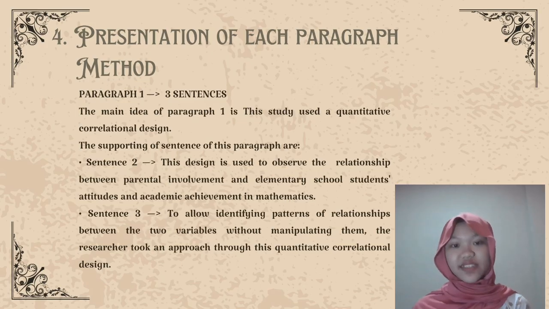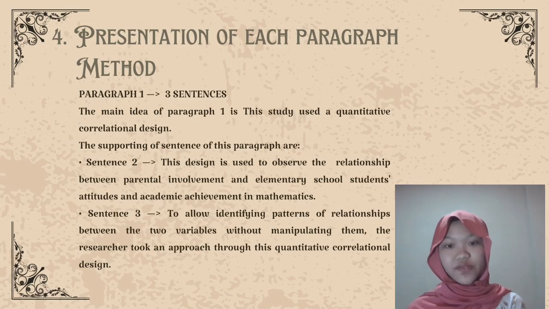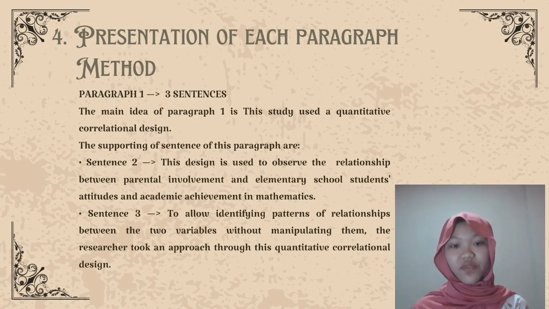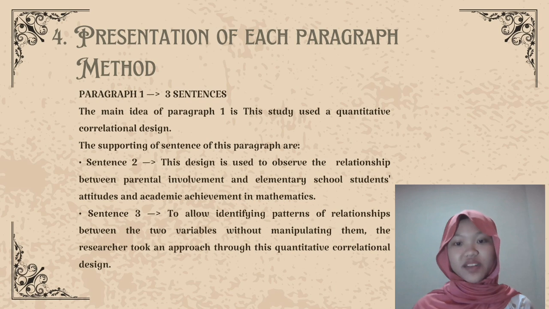The supporting sentences of this paragraph are: sentence 2 contains, this design is used to observe the relationship between parental involvement and elementary school students' attitudes and academic achievement in mathematics. Sentence 3 contains, to allow identifying patterns of relationship between the two variables without manipulating them, the research took an approach through this quantitative correlational design.